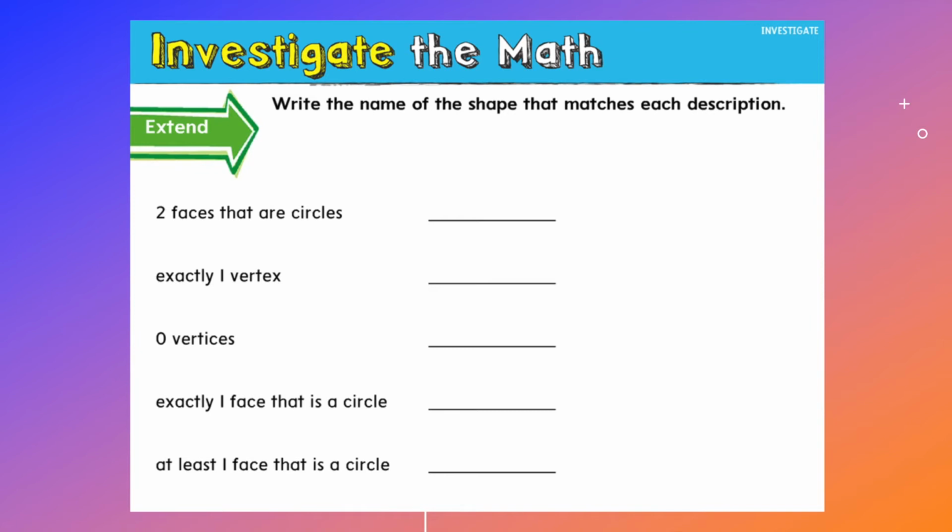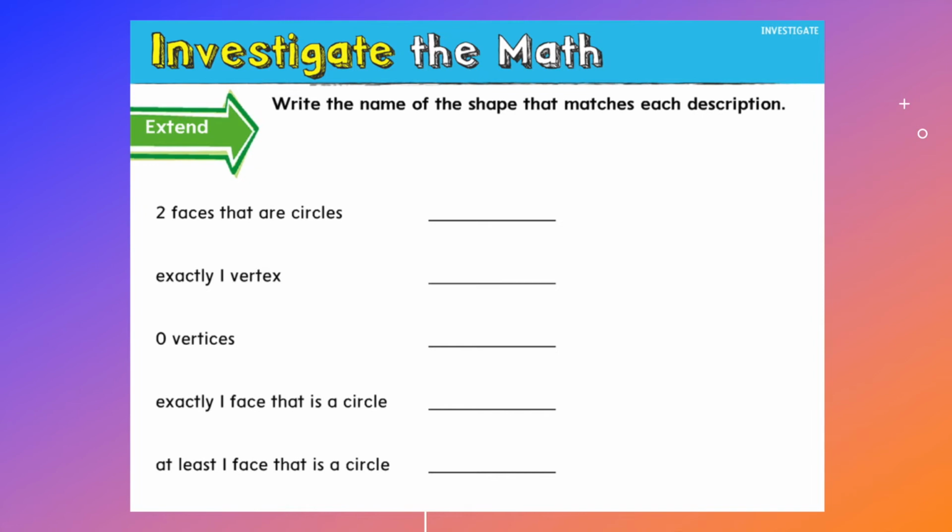Clue number 1, two faces that are circles. What shape has two faces that are circles? Think about it. Okay, don't forget your answer. What shape has exactly one vertex?